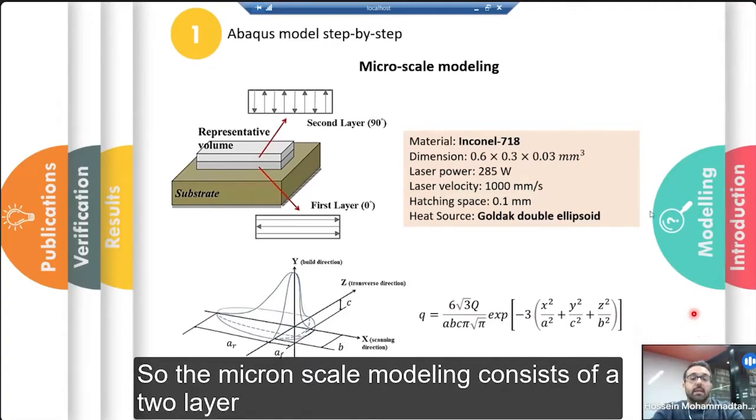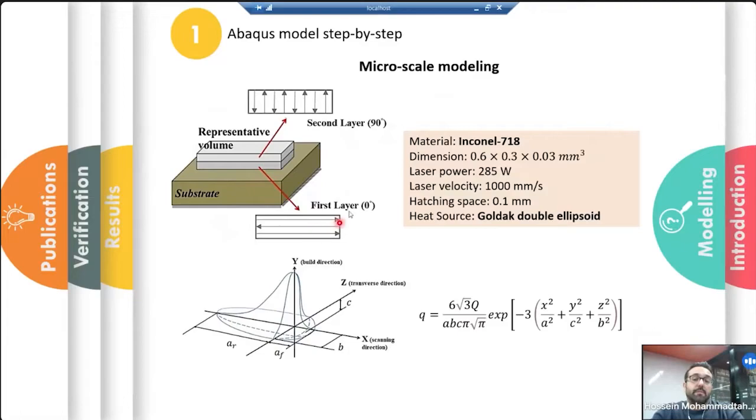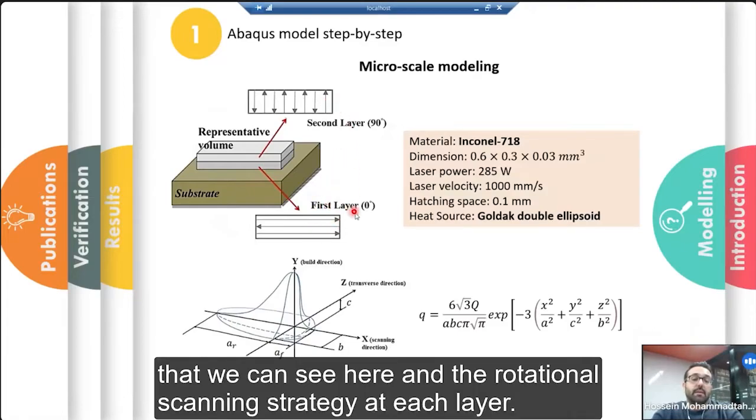So, the micron scale modeling consists of a two-layer model that we can see here, with a rotational scanning strategy at each layer.